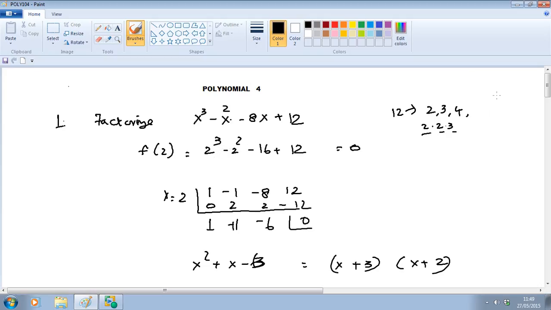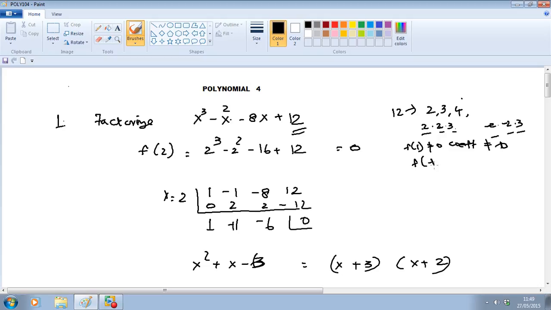This is how we go. We have to get 12 as the constant. How do you get 12? 2 multiplied by 2 multiplied by 3, or minus 2 multiplied by minus 2 multiplied by 3. These only can be. 1 is not a factor because f of 1 is not 0, as the total of the coefficients is not equal to 0.